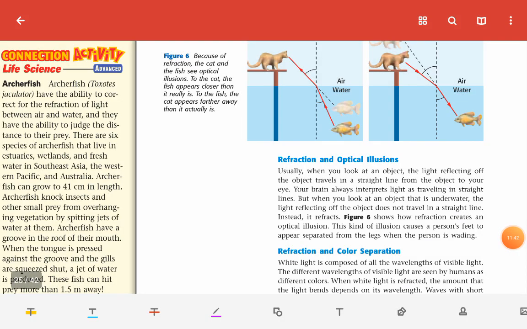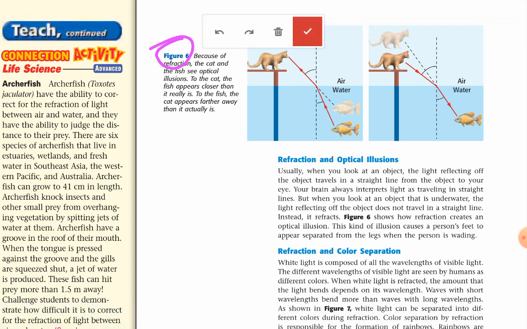Here guys in page 648, figure 6, this figure tells us about the refraction interaction. Let the light wave move in a straight line or in different lines or different directions. Of course guys, in different directions.